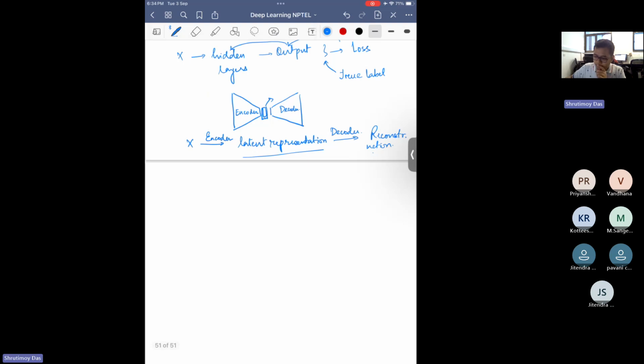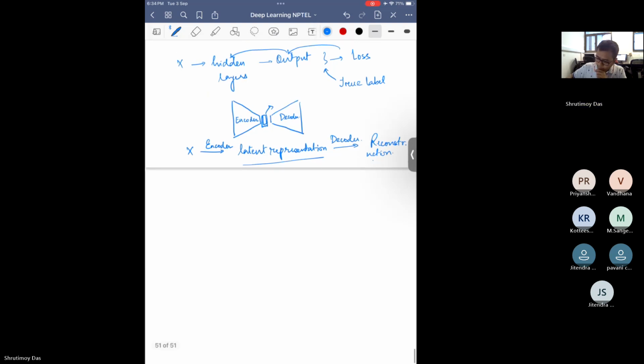So why is it useful again? In the lectures, I think they showed you these images from MNIST. There is this data set called MNIST. Those are basically images which contain some numbers.